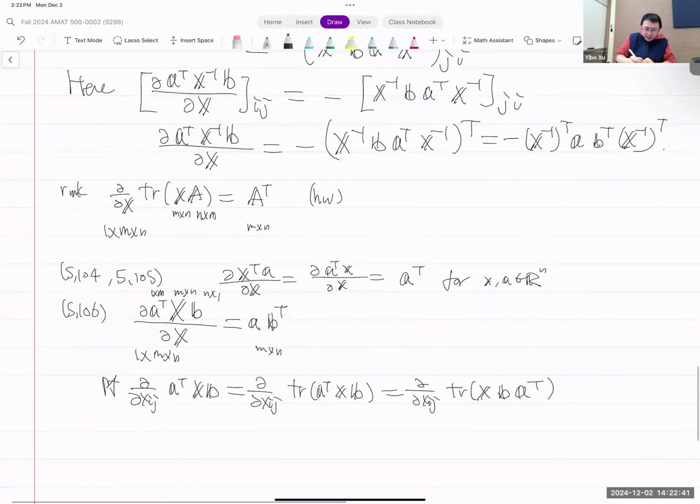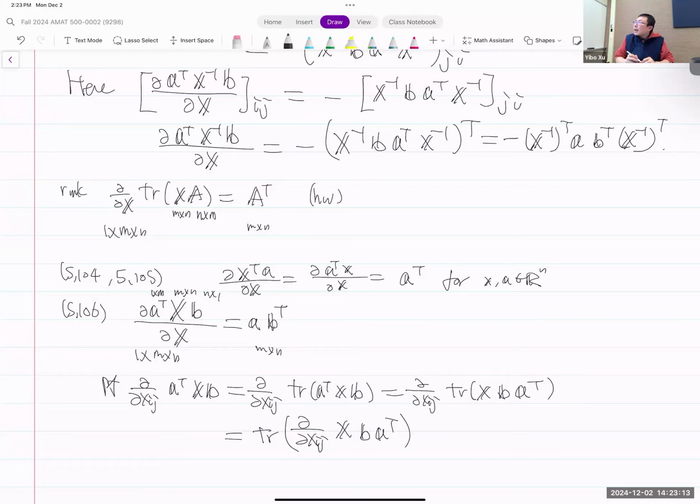Okay. And once again, the trace is a sum. So I can swap the order. I can first do the partial, then do the trace. So it's the partial of XB A transpose. Okay. So first do the partial, then trace.